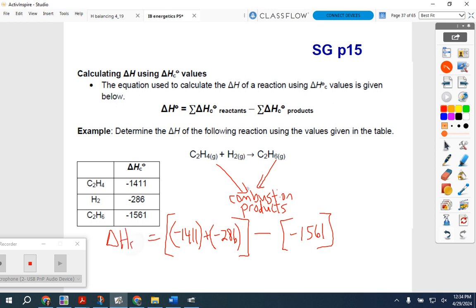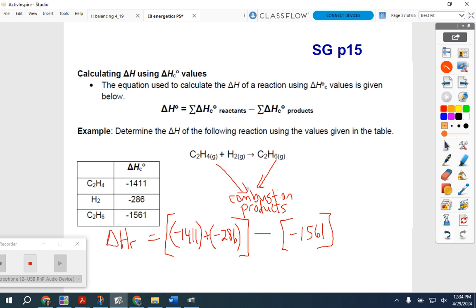So the enthalpy of our reaction is going to be that equation. This didn't have any coefficients. It's already balanced the way it is. So we don't have to multiply anything. We just have to add and subtract. Okay?